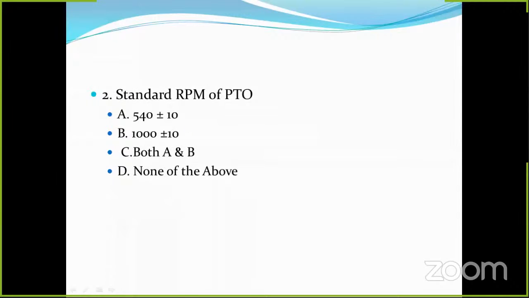But nowadays two types are allowed in the country: 540 plus or minus 10 as well as 1000 plus or minus 10. So the answer for standard RPM of PTO is both A and B.